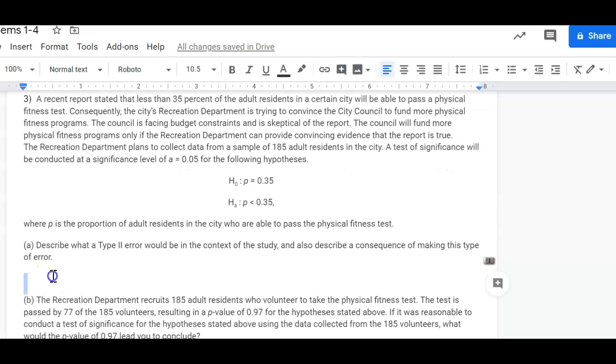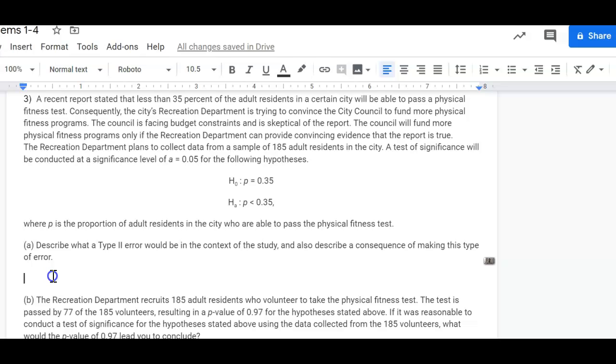So in this problem, a type 2 error would basically be that we fail to reject the null hypothesis even though the null hypothesis is in fact true, or in other words, we don't find enough evidence to support the alternative hypothesis even though there is evidence to support the null hypothesis.